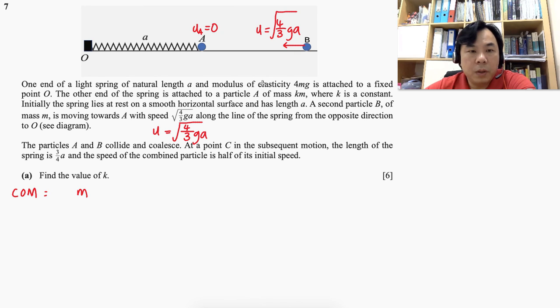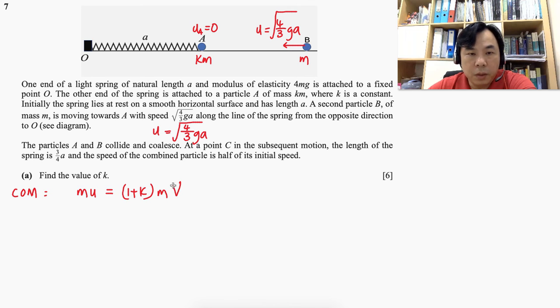Initially A is at rest, so 0. By using conservation of momentum, by the way, this is km, this is m, we can obtain this. It must be equal to, because they collide and coalesce, they will join as one body and then move with this particular speed.